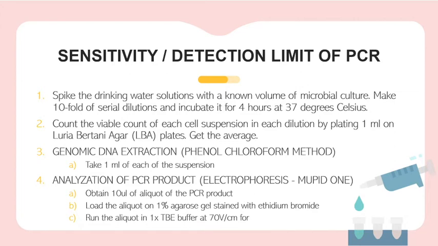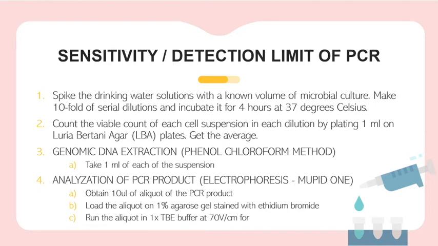Genomic DNA is extracted using the phenol-chloroform method by taking 1 ml from each suspension. The DNA is then used for PCR under optimized conditions.